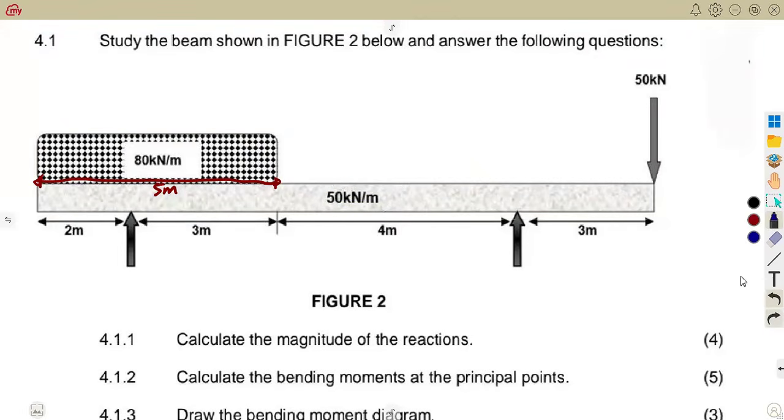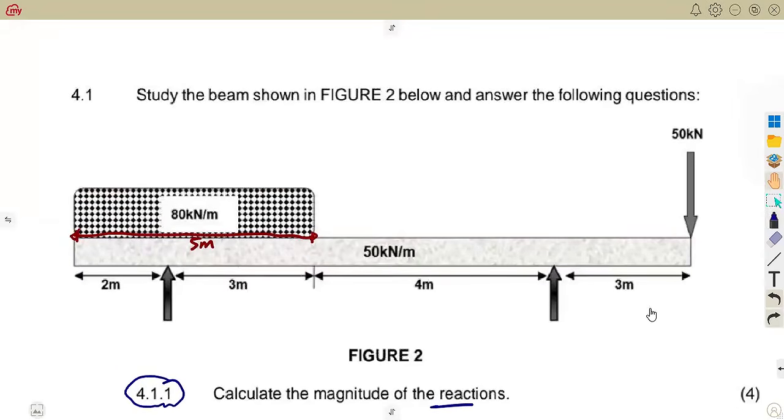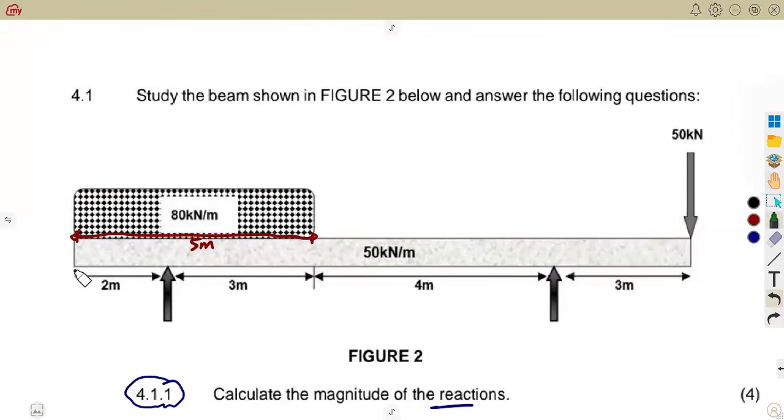Okay. So the question here on 4.11 was to calculate the magnitude of the reactions. So we have got this reaction and also this reaction. Let's name the points so that it can be easier for us to answer this. I'm going to call this one A, the reaction.